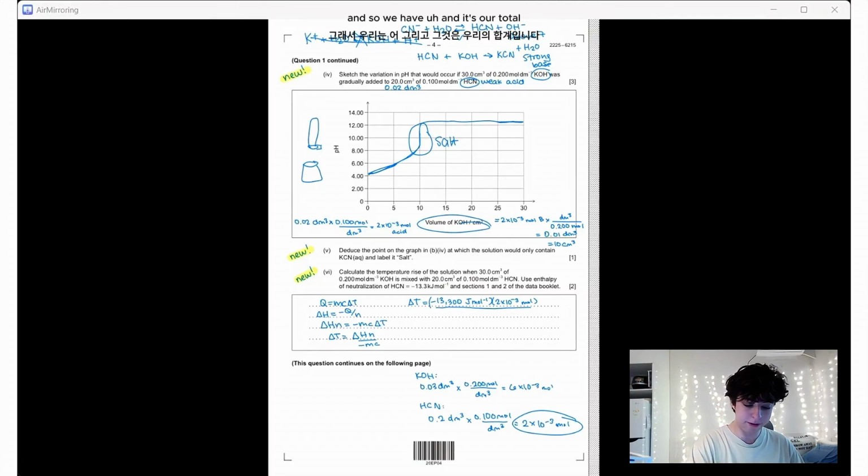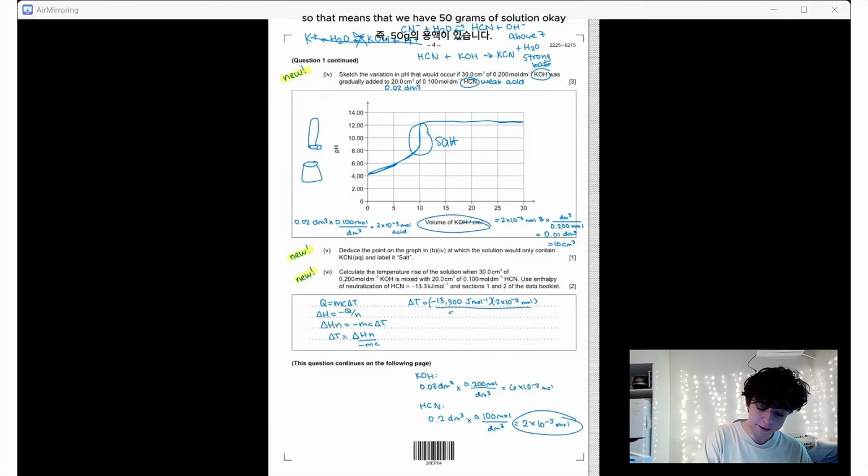We have 20 centimeters cubed and then 30, so in total 50 centimeters cubed of solution. The density of water is 1 gram per centimeter cubed, so it's a 1-to-1 ratio, which means we have 50 grams of solution.